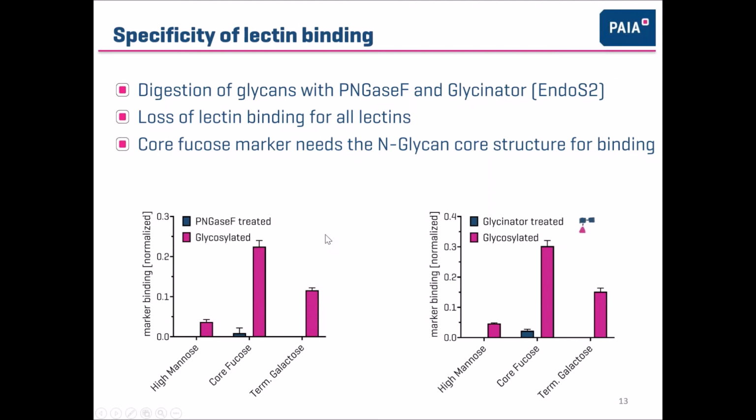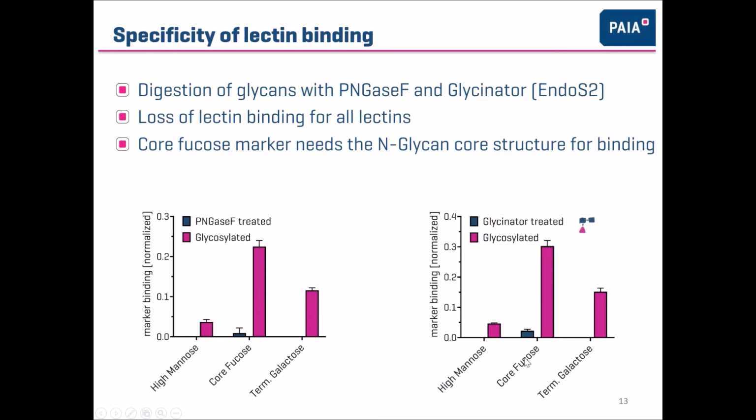So that's PNGase F, and on the right-hand side it's the EndoS2 enzyme, which leaves a little bit of glycan on the antibody. So you have these GlcNAcs here, and the core fucose is also still on the protein, and you see that still the core fucose binding lectin does not bind anymore, or just a very little amount.